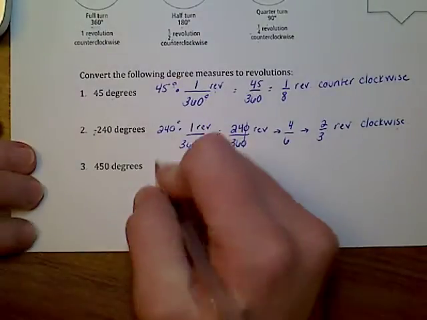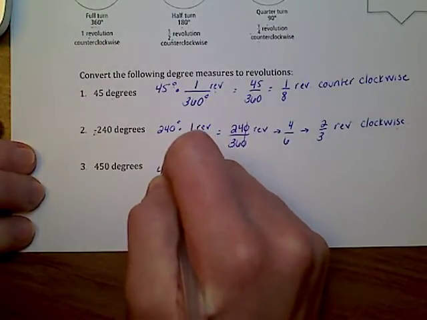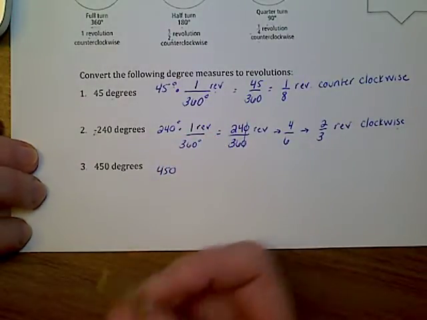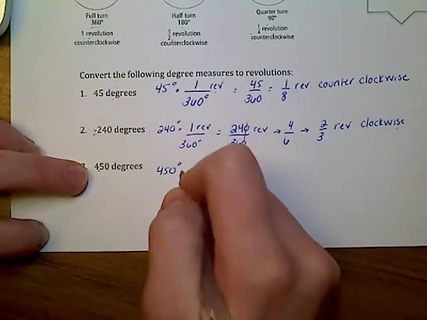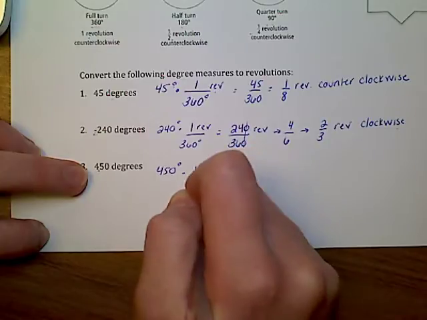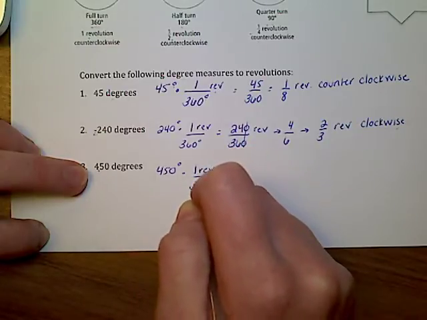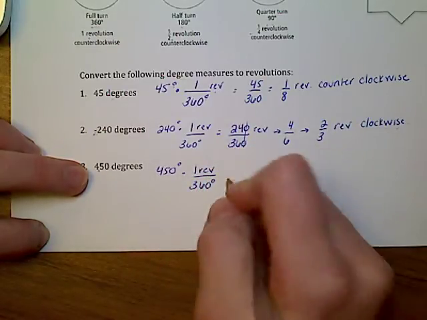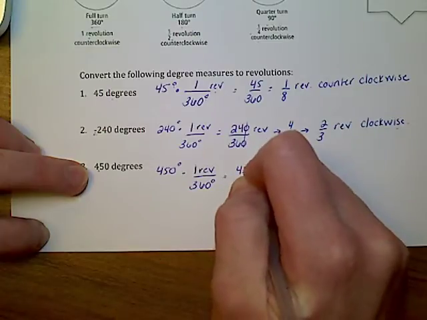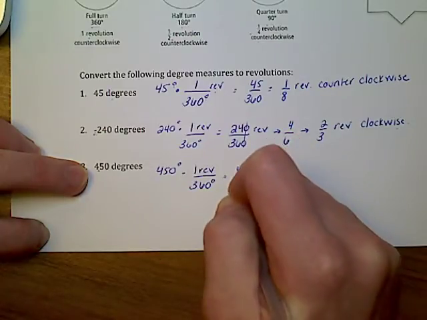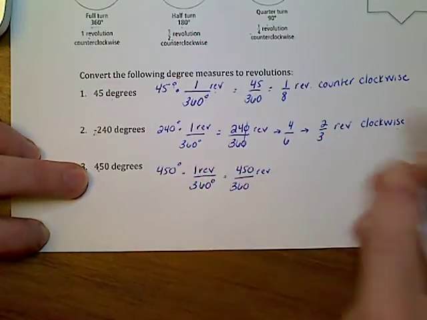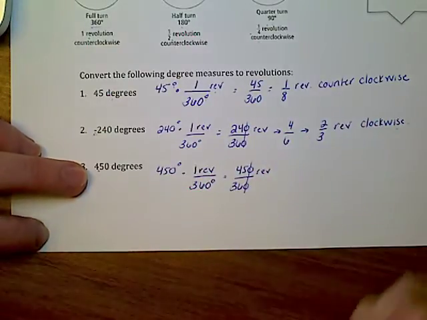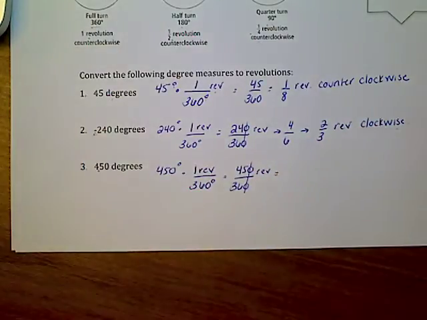450 degrees. Before I even begin, I'm going to expect this to be more than 1 revolution, because 450 degrees is past 360. Multiply that by 1 revolution over 360 degrees. We're going to get 450 over 360 revolutions, because degrees would cancel. We get to drop the zeros.